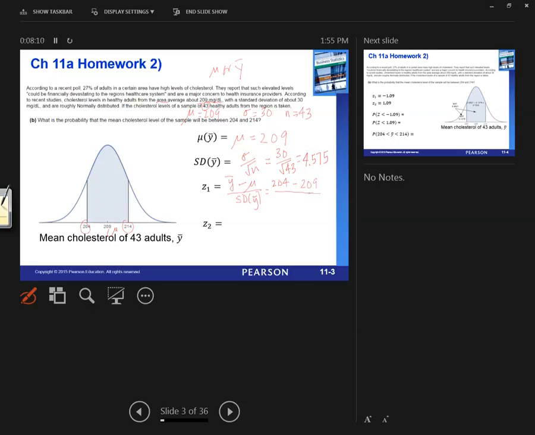Now, we don't want the standard deviation of the population, which is 30, right? Because what we're doing is getting the probability for the mean cholesterol of a sample. So we're looking at the sampling distribution, and the standard deviation for that is sigma over the square root of n, which we got is 4.575.